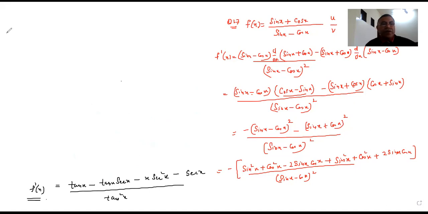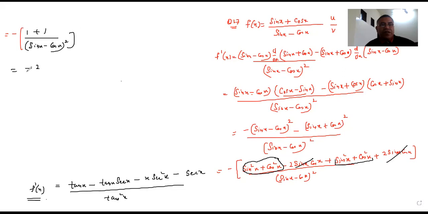Now, which is negative. Now see, this is sin square x plus cos square x, this is 1. 2 sin x cos x cancels with 2 sin x cos x. And this is sin square x plus cos square x, this is again 1, over (sin x minus cos x) whole square.